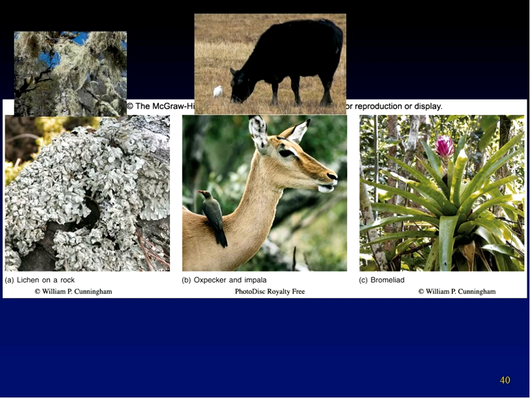This other example is an oxpecker and an impala, but we have our own North American versions of this mutualistic relationship, which is the cattle egret and domestic livestock. And the other example is a bromeliad. This is a form of mutualism where the bromeliad doesn't harm the tree on which it anchors itself.